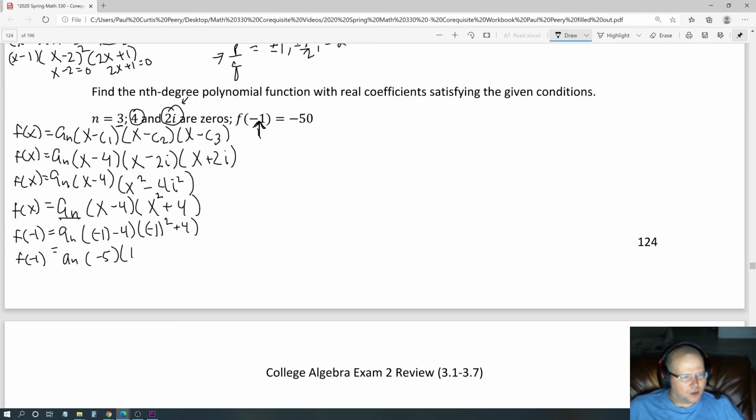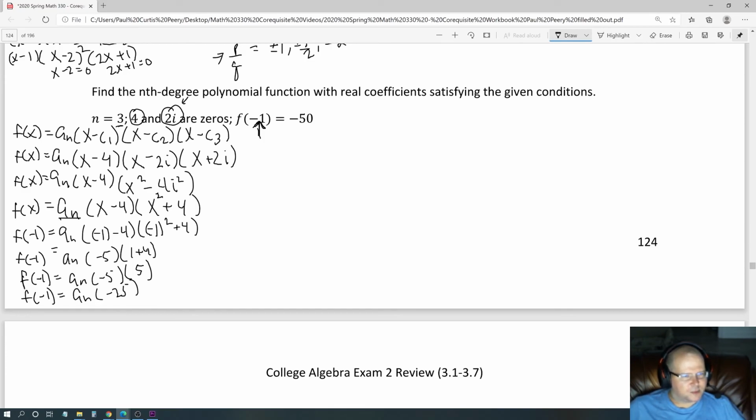A negative 1 squared is a 1. 1 plus 4 turns into a 5. So we have a negative 5 times positive 5, right? So what that does is that gives me an times negative 25.